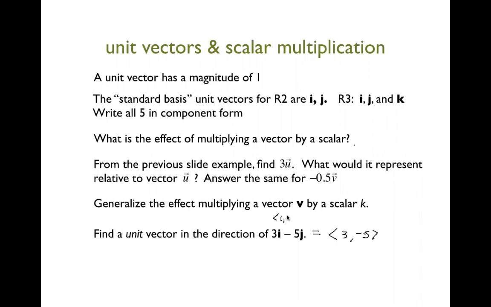We're scaling the i vector by 3, and we're going to scale j by negative 5 and add them together. So you can see that any vector can be a scalar multiple of i plus some scalar multiple of j, which gets you any vector in the plane. This is 3 times (1, 0) plus negative 5 times (0, 1). Well, that's (3, -5).